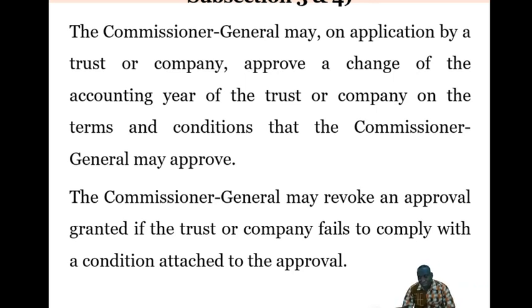It should end on 31st December by force. But when it comes to companies or trusts, they are allowed to use their own accounting year. So it means that if it comes to those who can manipulate, then it's going to be companies or trusts, because the law says that they can use their own accounting year other than 31st December.